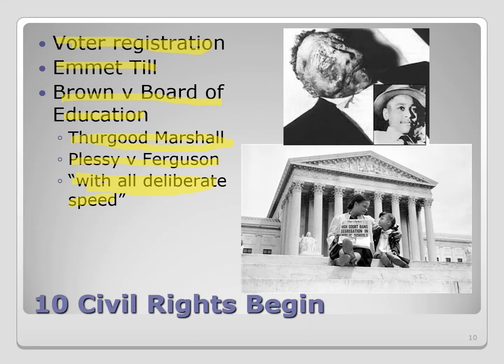And the problem is nobody knows exactly what that means. What's fast for one part of the country is slow for another part. And by not putting a deadline on this, the southern states are in no hurry to integrate. So even though the Supreme Court says they have to integrate, nobody knows when that's actually going to happen.